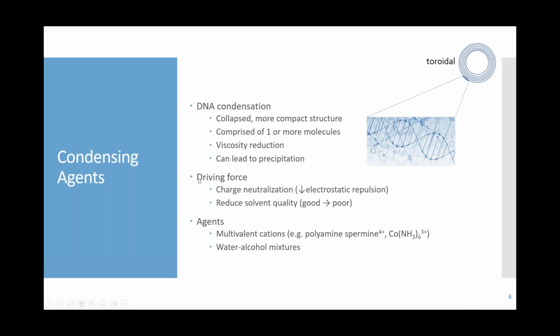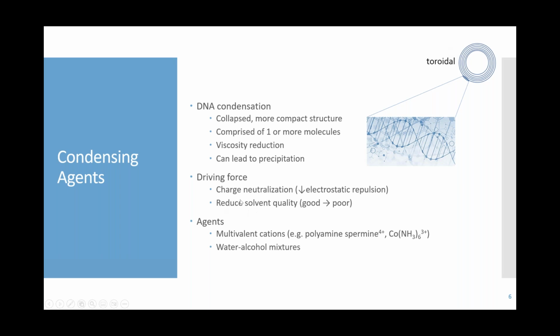Now, the driving force depends on the particular condensing agent that you use. If you're using something to neutralize the charge, remember DNA is anionic, or negatively charged, then you're going to reduce the electrostatic repulsion amongst the different portions of the chain, and this can lead to the more compact structure.